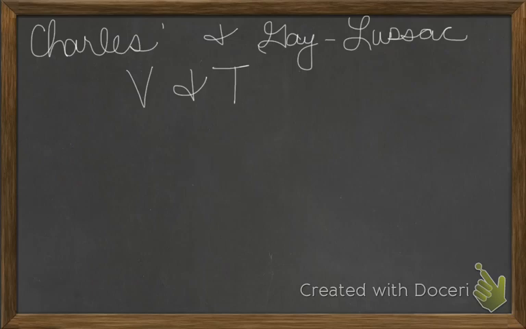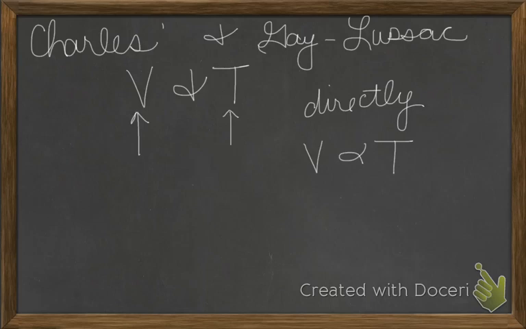As a gas is heated up, as you increase the temperature, what do you think happens to the volume? Doesn't the volume likewise go up? So since volume increases and temperature increases, we would say that these are directly proportional to each other. And we would write that like this. Volume and temperature are directly proportional. As one goes up, the other goes up as well.